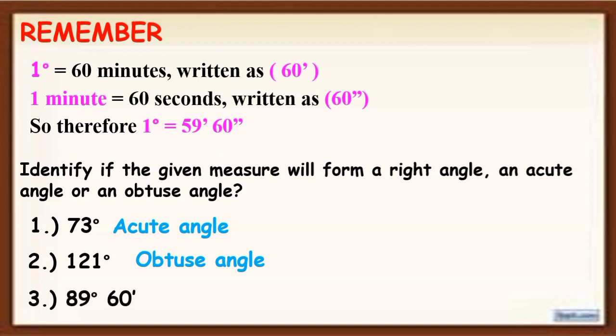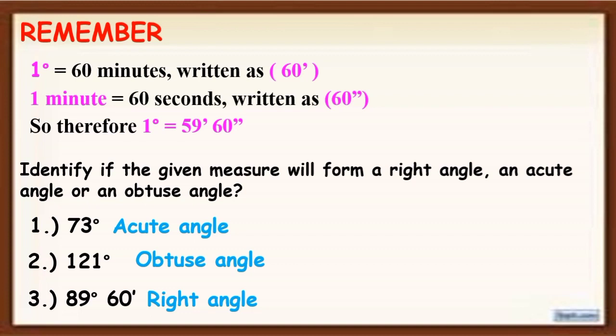Next is 89 degrees and 60 minutes. So, it is a right angle. Why is the answer right angle? Di ba ma'am, sabi mo yung right angle is exactly 90 degrees? Remember that 1 degree is equivalent to 60 minutes.